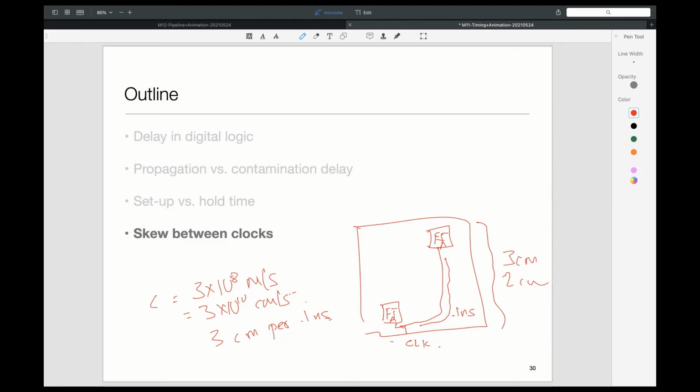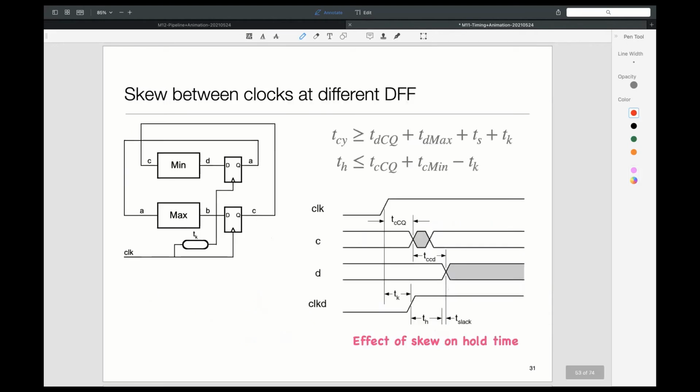That means the skew, the differential between when the bottom flip-flop and the top flip-flop see the clock edge, is already like half your clock period. That's huge, right? So our assumption that the clock tick reaches the flip-flops at the same time is really very risky. So clock skew deals with that issue.